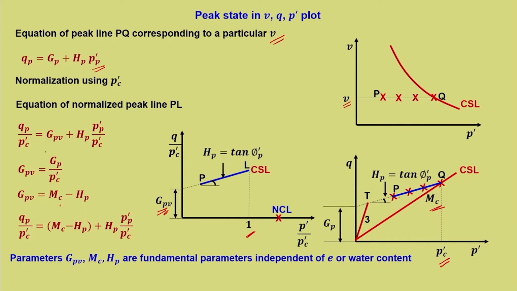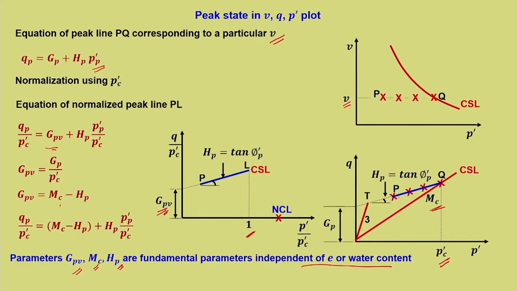So, QP by P dash C from here is MC minus HP plus HP into P dash P upon P dash C. As before, parameters GPV, that is normalized parameter, MC, HP are fundamental parameters independent of E or W. It is fundamental parameter only because it is not dependent on initial state. It is independent of the state variable E or W.